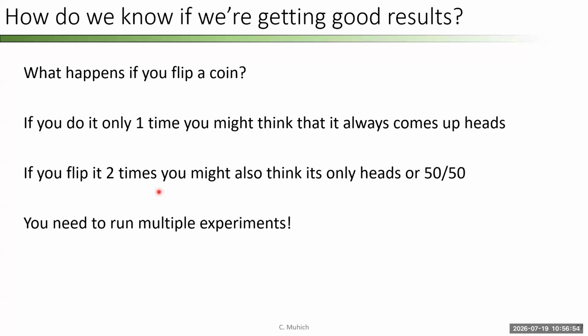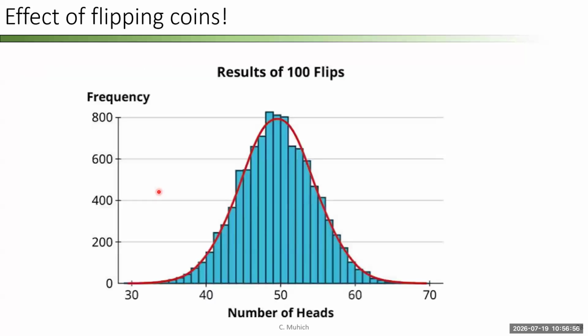So let's say I take 100 coins and I flip them over and over and over again. Even if I flip 100 coins one time, I'm not guaranteed to get exactly 50 heads and 50 tails.